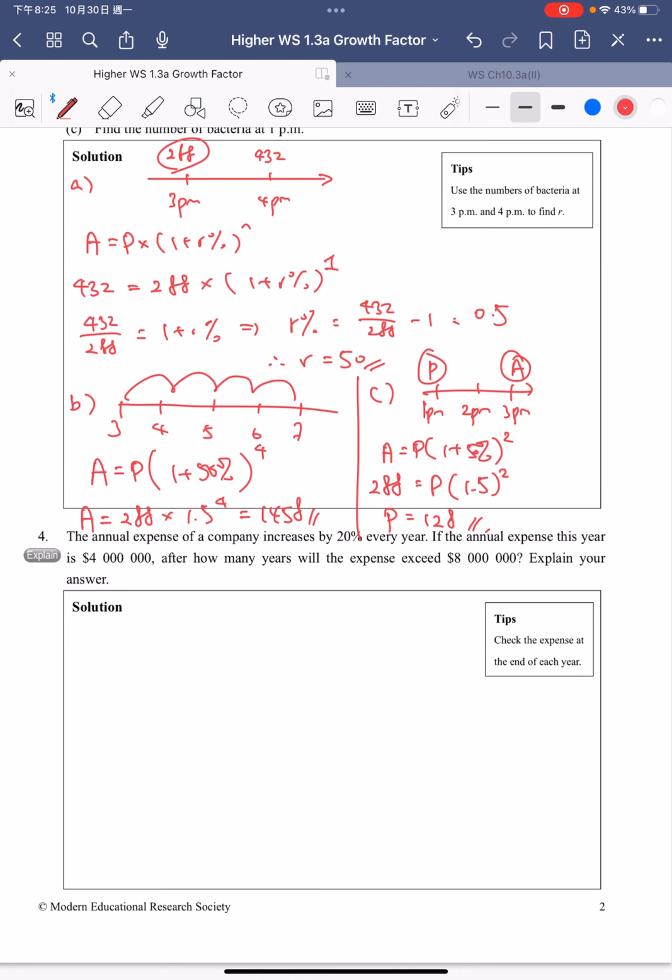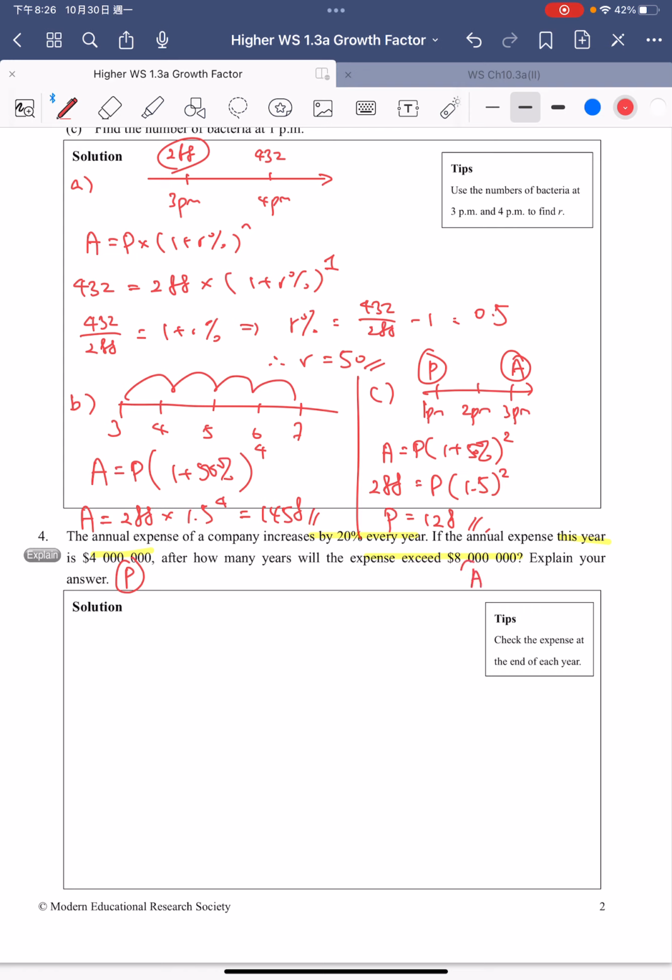In question 4, the annual expenses of the company increase by 20% every year. If the annual expenses this year are 4 million, after how many years will the expenses exceed 8 million? Which one happened first? This year happened first, so that's our P. They're asking about after n years, when the expenses exceed 8 million.